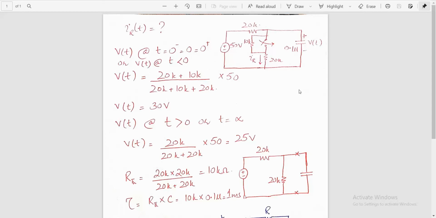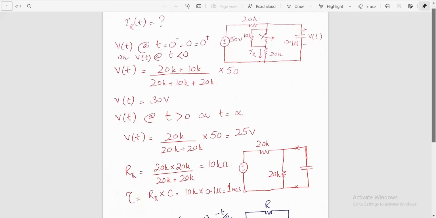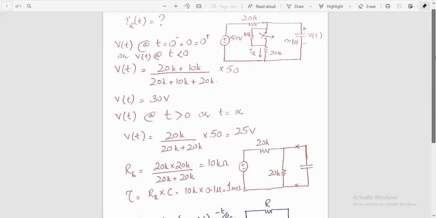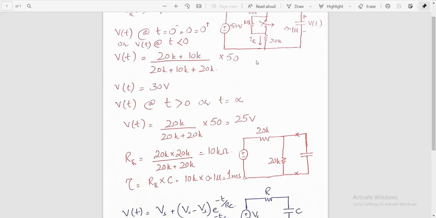Using the voltage division rule, we can have the value of V of t. V of t is equal to (20 plus 10) divided by (20 plus 10 plus 20) into 50, which gives us 30 volts, right?